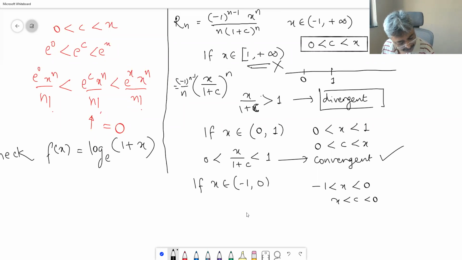So let us take x is equal to -0.8. For example, x is equal to -0.8 and c is equal to -0.5.